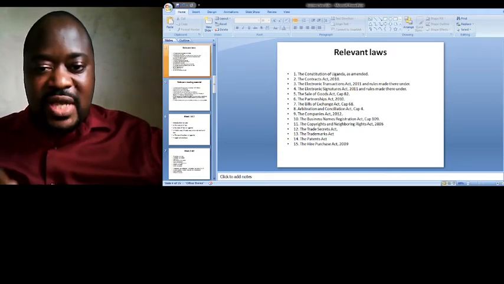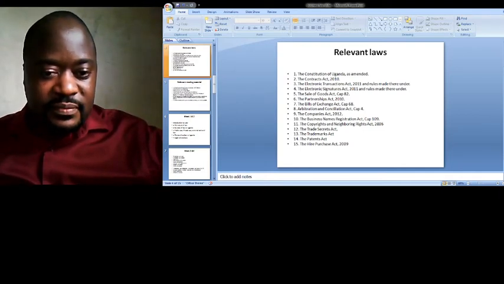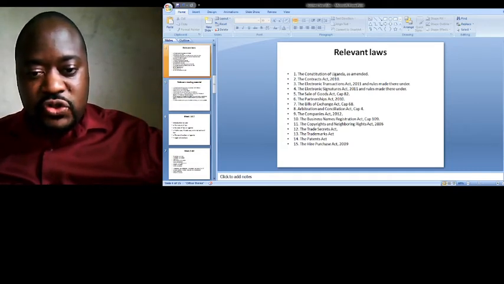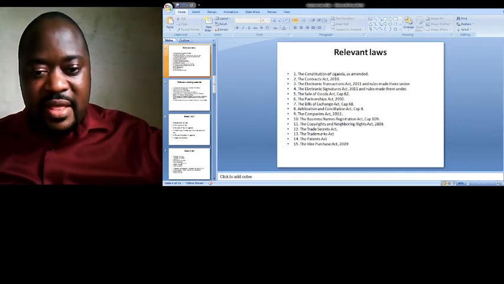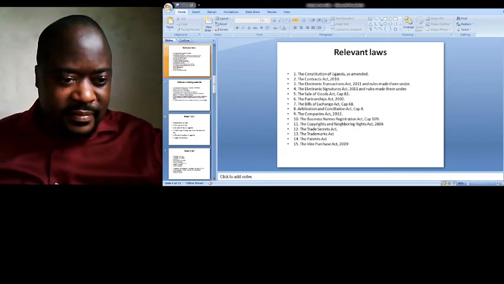Some of those laws are reflected upon under relevant laws. To make mention but a few, you can see the Constitution of the Republic of Uganda, the Contracts Act, the Electronic Transactions Act, the Sale of Goods Act, and many others.